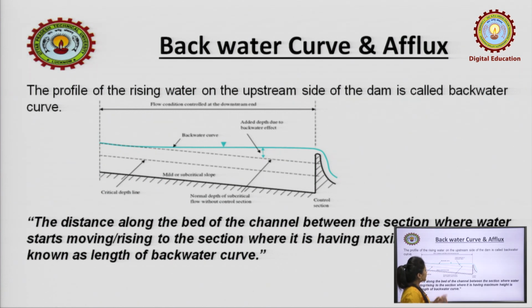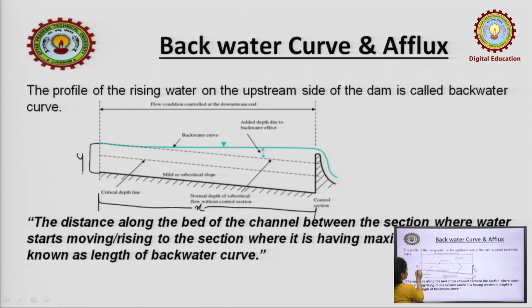This we can see in the diagram. This is a channel of span x. Let us suppose the depth is y1, and if you measure over here, y2 is greater than y1.